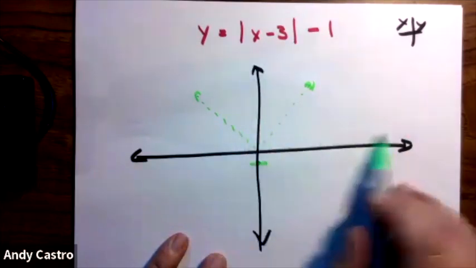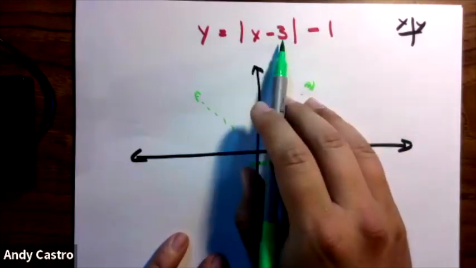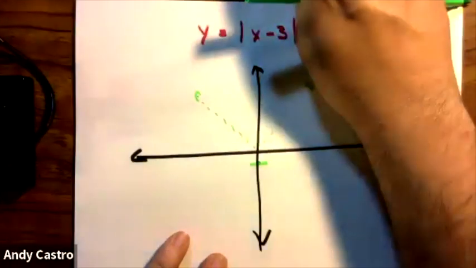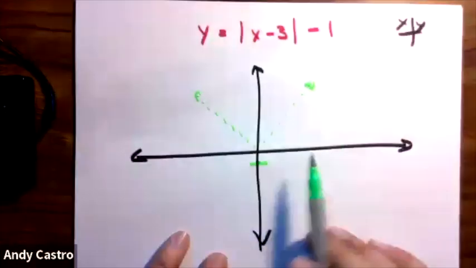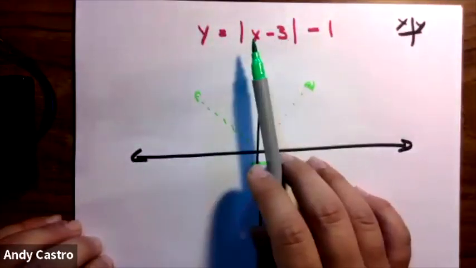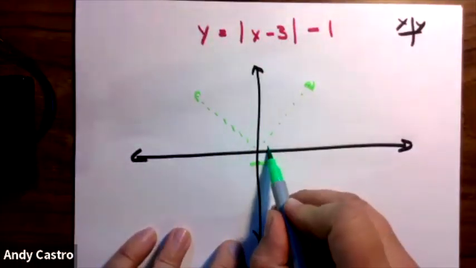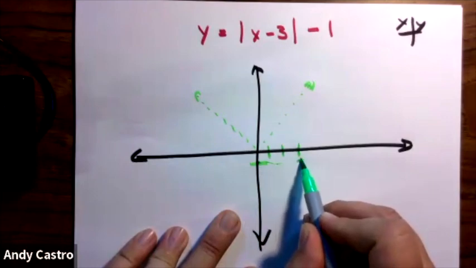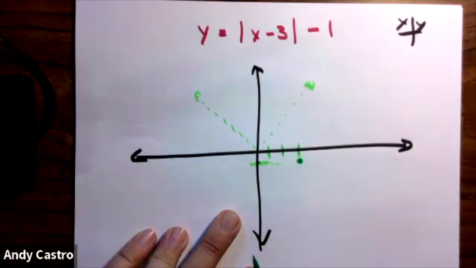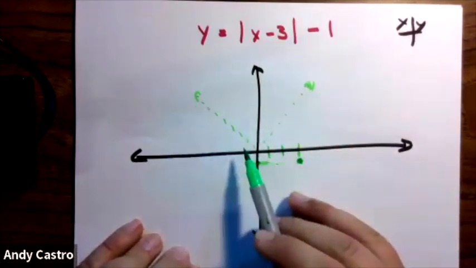Then I'm going to shift on the x-axis by 3, right? Because what's going on here is that for this to be 0, x would have to be positive 3. So 1, 2, 3. I'm going to go down here and over to 3. So this is going to be my new origin point. It's going to be the exact same graph.